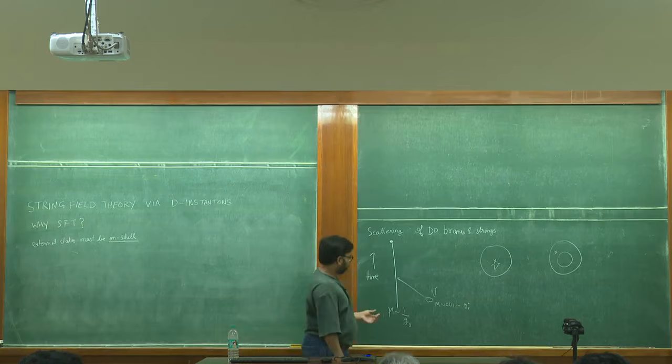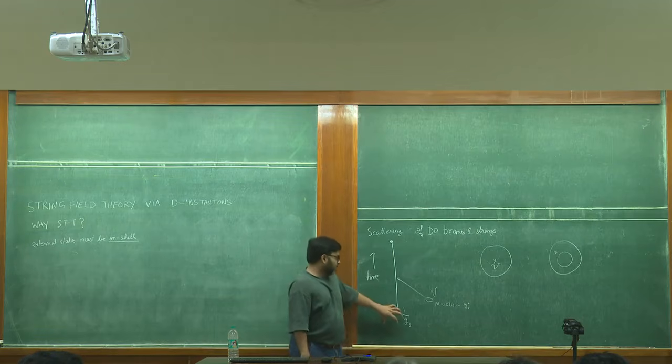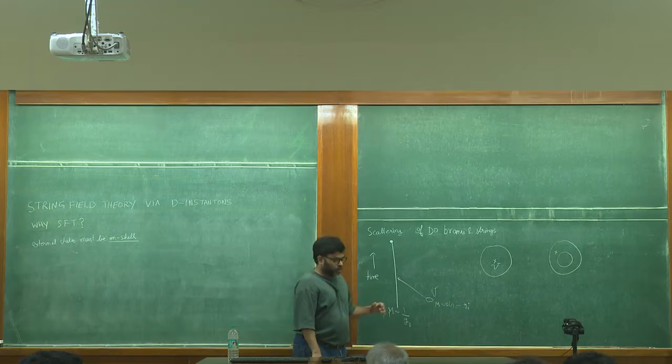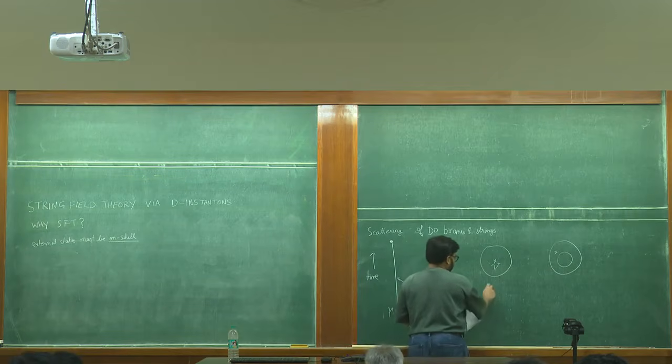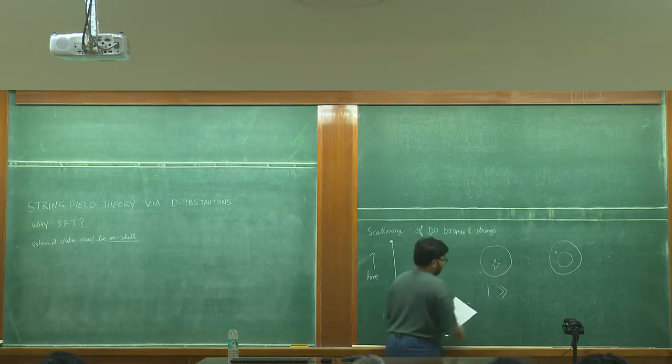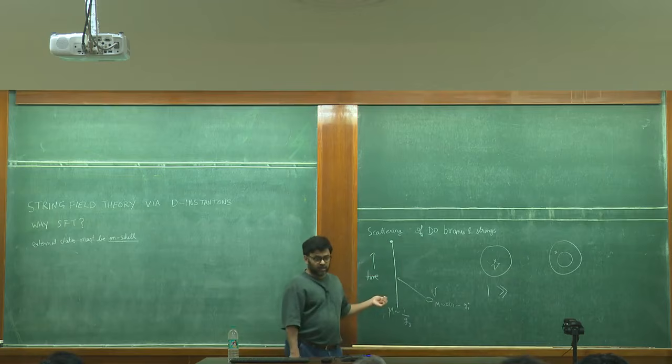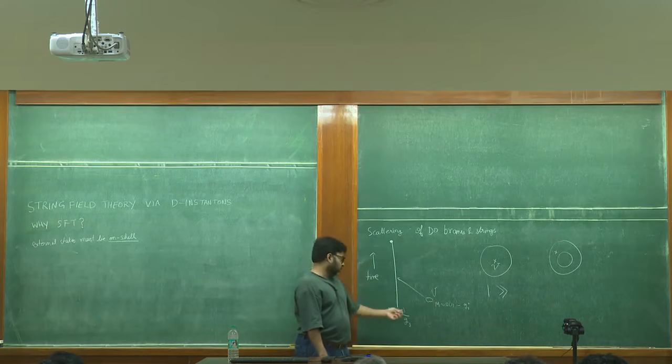This has to do with the fact that the D0 brane has a mass which is non-perturbative in g_s. So you cannot change that, right? In the string theory formalism, the way you describe a D0 brane is as some Ishibashi state. There is some boundary state, and in that boundary state, you put in the position of the D0 brane. And the transverse positions are fixed.